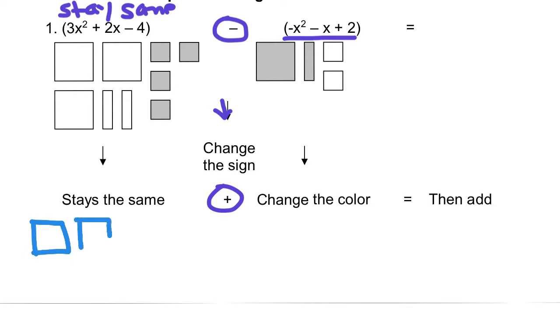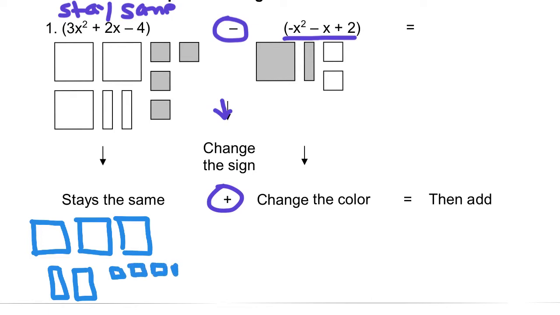In the first polynomial, we have 3x squared plus 2x's minus 4, so draw 4 little tiles and fill them all in because they are the negative.